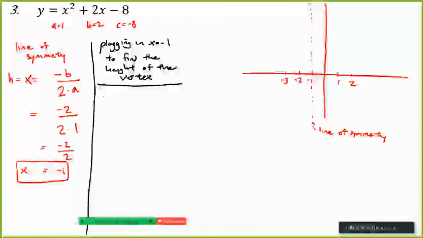Same formula, right? The equation, the function, the parabola. So always go back to the beginning of that when you're looking for new points. y is equal to x squared plus 2x minus 8. I'm plugging in negative 1 here.